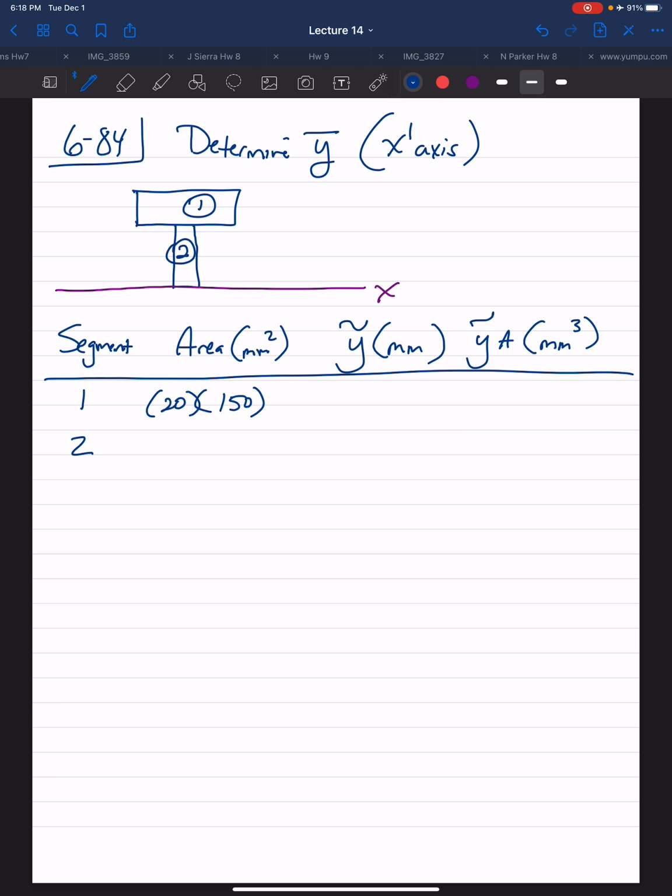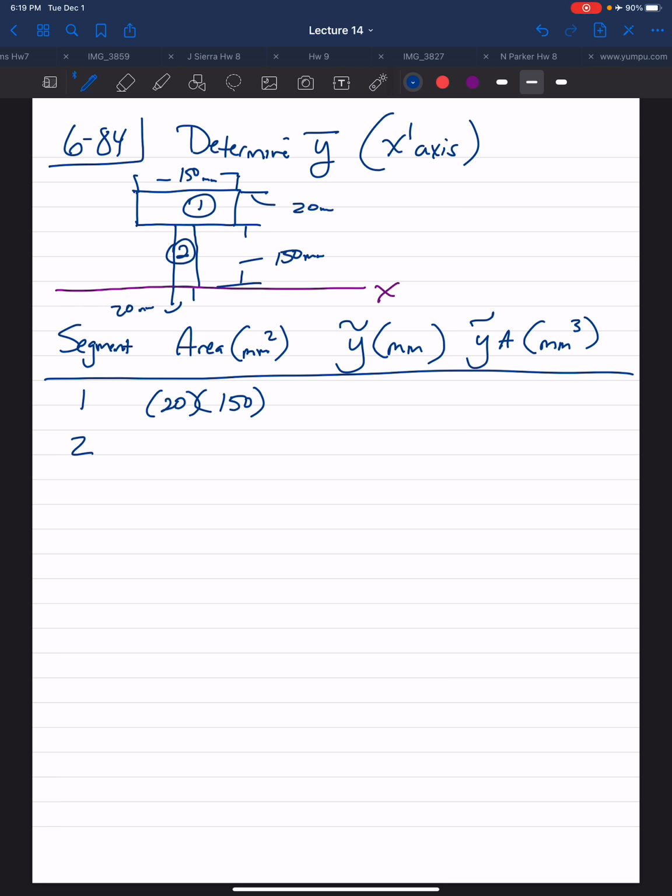The location of the centroid of segment 1 from the bottom x-axis: we have to go up 150 millimeters to get to segment 1. Remember, this height here is 150 millimeters, the thickness here is 20 millimeters, this width here is 150 millimeters, and this thickness here is 20 millimeters.